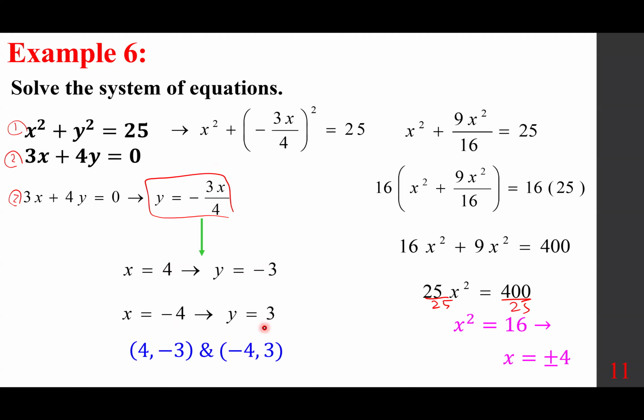So what should we do? I want to make sure we understand the process. We used the second equation to find the second variable, namely y. We are going to use the first equation to check. So I'm going to check one of those pairs. For example, we're going to check this one with equation number 1: x squared, 4 squared, plus y squared, -3 squared.